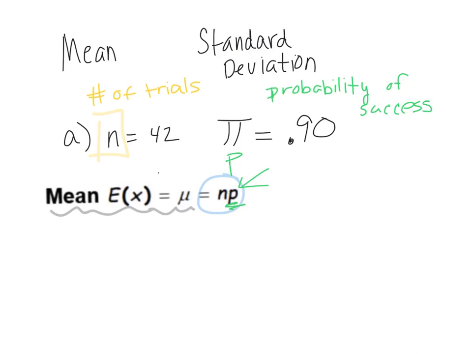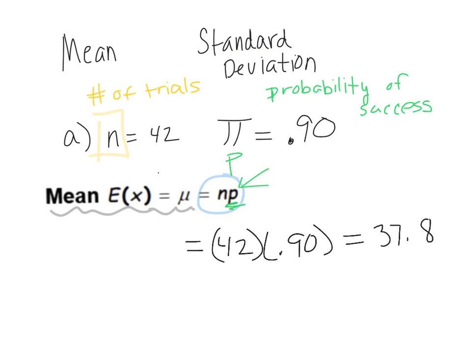So the formula np simply means n is sitting next to p, so you're going to multiply those two values together. In this case, we would do 42 times 0.90, and when we do that, your calculator more than likely will give you 37.8, but pay attention to the directions because they specifically told you to round to 2 decimal places, so it's really going to be 37.80.